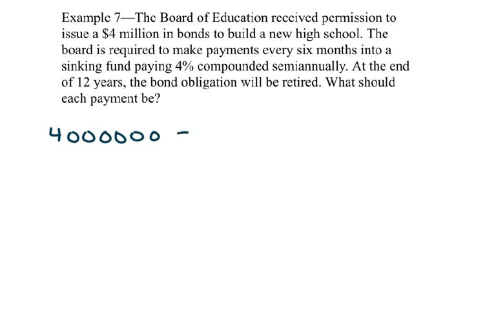All right. And on the right-hand side, what we don't know is how much they have to pay twice a year. And then we have the 1 plus the rate, which is 0.04. The number of times it's compounded is semi-annually, so that's twice a year.